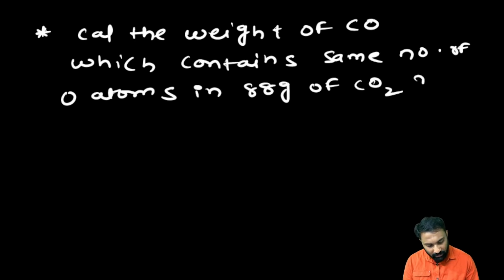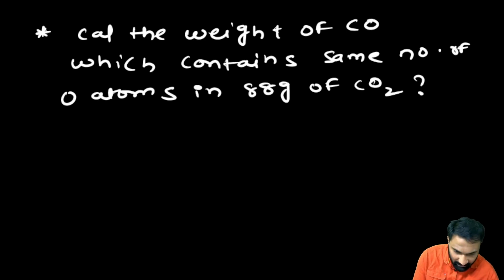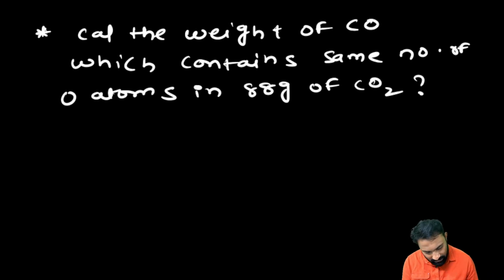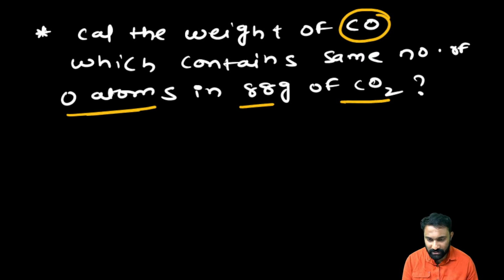My dear friends, many students get confusion here. See, he is asking to calculate the weight of CO which contains the same number of oxygen atoms in the 88 gram of the CO2.